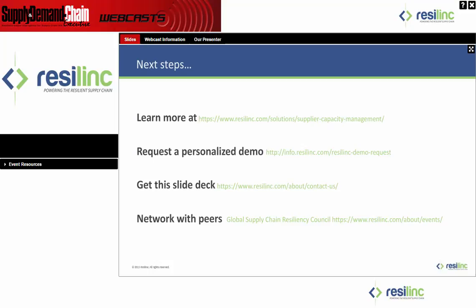While we are collecting Tier 1 information, we are also asking suppliers to provide information about their suppliers. This starts building a profile for the customer on what the risks are beyond Tier 1, and then the customer gets to prioritize which Tier 2, Tier 3 suppliers are most critical to them, and then Resolink takes the next step, goes to those suppliers to collect information.